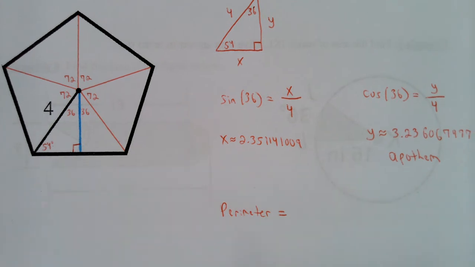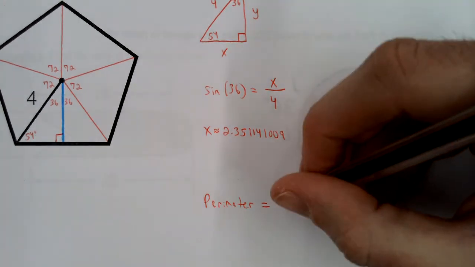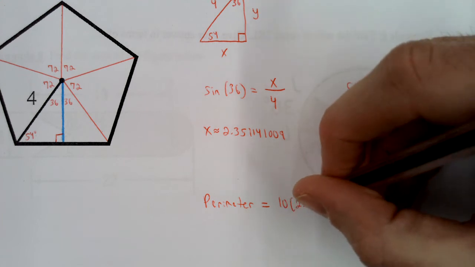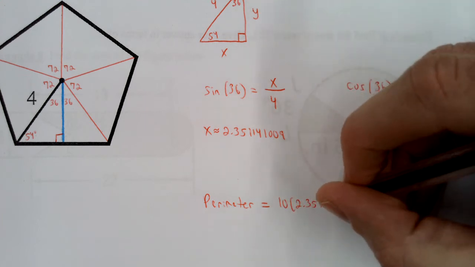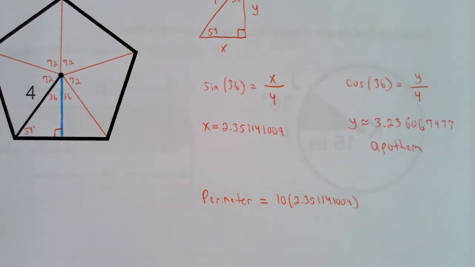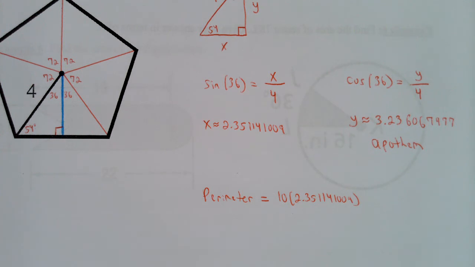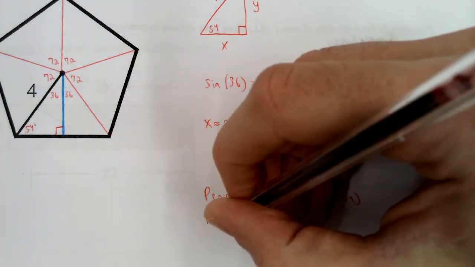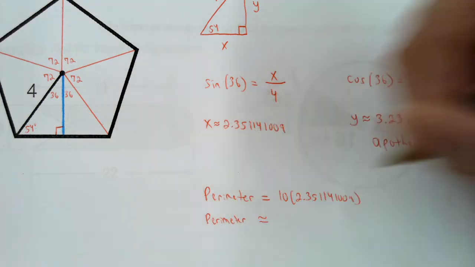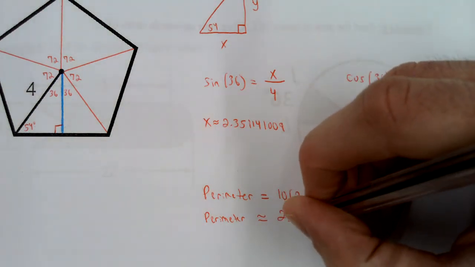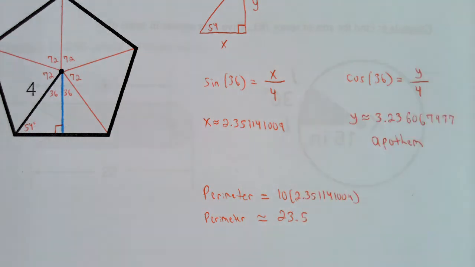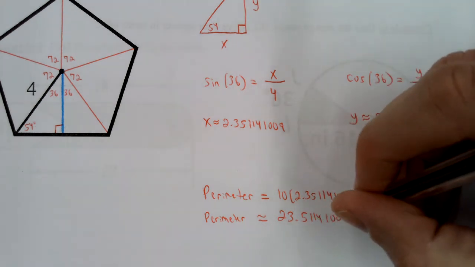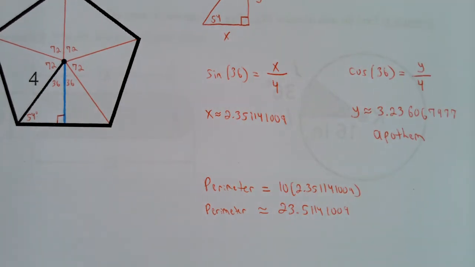So you're going to do 10 times that number. It's going to be about 23.5114 1009. Okay, so now we have the perimeter, we have the apothem, great.